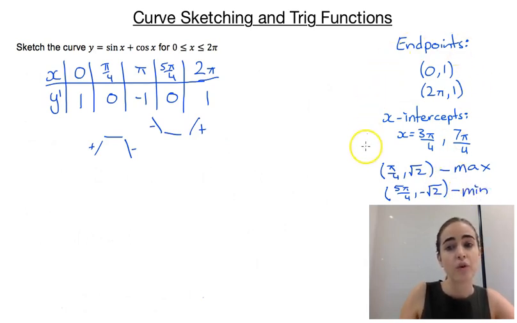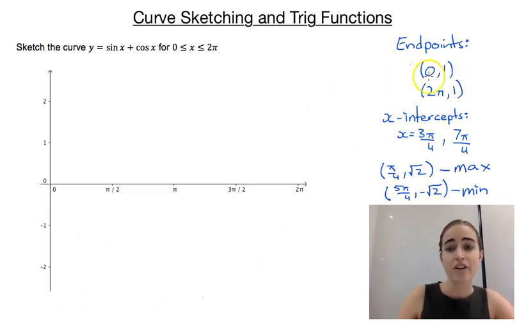So now we can use all of these pieces of information that we found to sketch our function. Okay, so I'm going to put my endpoints in first. So at 0, I know that I've got a value of 1, so that's here. And at 2 pi, I know I've got a value of 1 as well, so that's going to be here. All right, our x-intercepts are 3 pi on 4 and 7 pi on 4.